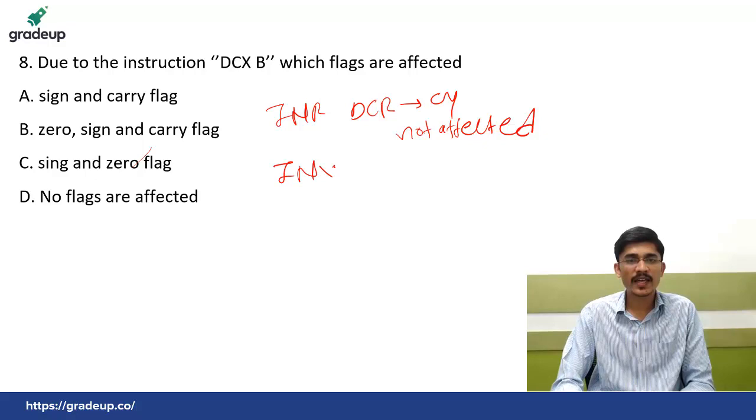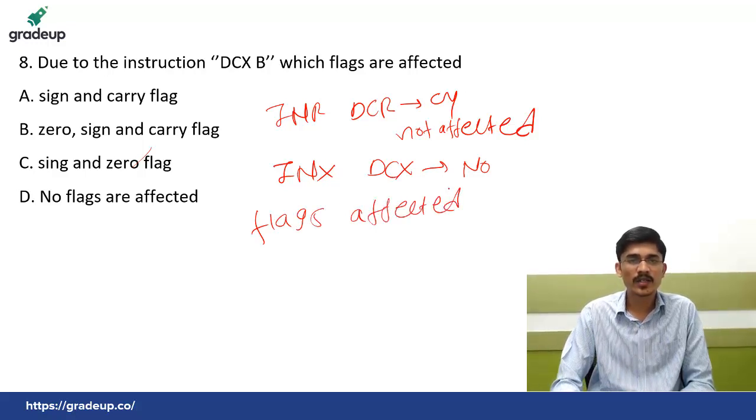Similarly in INX and DCX, whenever X is there, no flags are affected. So for this, I guess option D is correct. So no flags are affected after the execution of DCX.